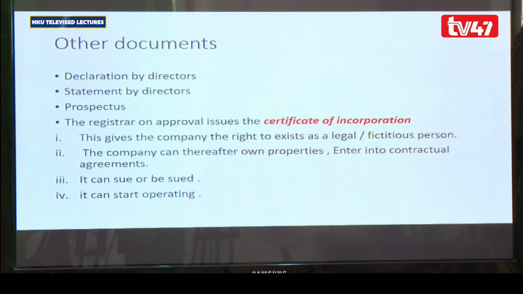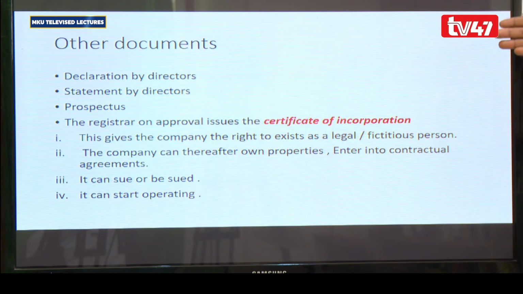They also have to prepare other documents like the declaration by the directors, which they sign, and they declare that they have agreed to be the directors and they are going to operate as directors in that company. They also must sign a statement saying that they are also owning some shares in the company.